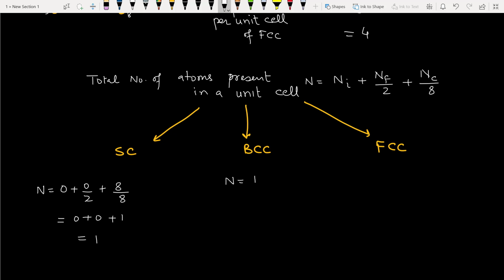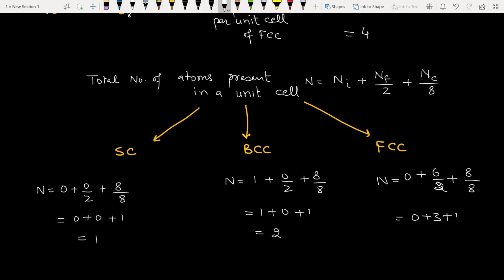BCC: 1 atom at the center, 0 at the faces, 8 at the corners, it will be 2. Face centered: 0 atoms in the interior, 6 atoms at the faces, 8 at the corners, so it will be 4. So you can directly calculate the total number of atoms in a unit cell in this simple way.